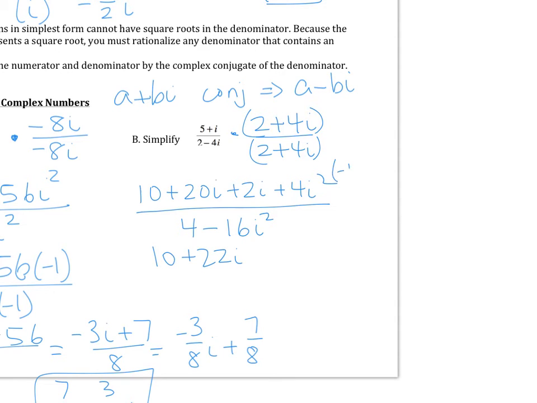And I'm also going to change the bottom here. This is -1. This is plus 16. 10 minus 4 is 6. 20. Everything can be reduced by 2.